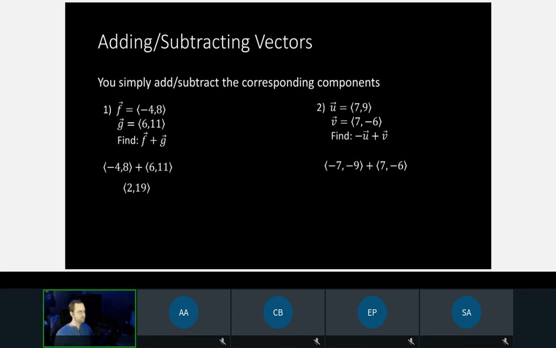So here's the setup. A little tricky. This is just like matrices. When it's a negative, you have to distribute the negative into the vectors. That's why it's -7, -9. Little tricky, right? Hopefully not too tricky.